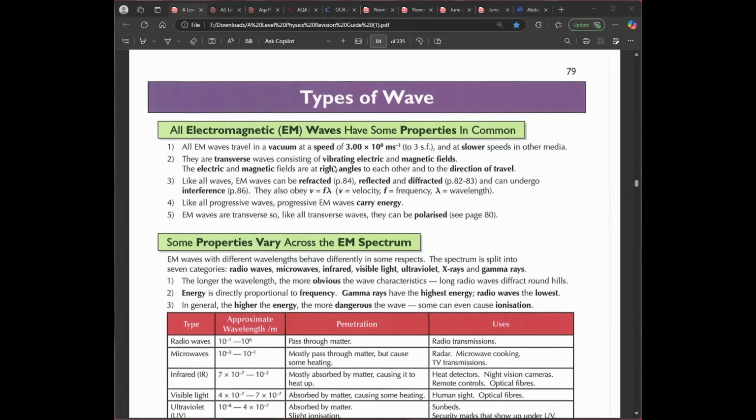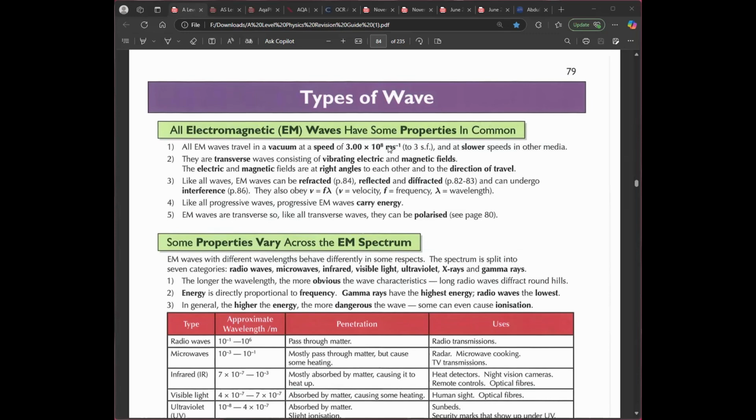All of the EM waves in vacuum travel at the speed of 3 times 10 to the power 8. Obviously, it depends what material they are going through, because the speed changes as the optical density of the material changes. So when they say the speed is 3 times 10 to the power 8, it is usually in vacuum. And also we take the assumption that it is the same in the air as well.